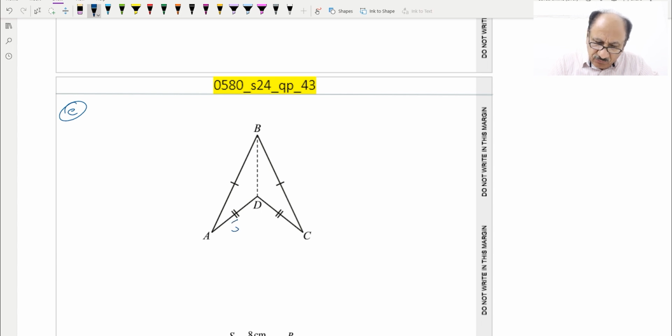So this side is 5 centimeters, and this side is also 5 centimeters. And what else they are giving is AB is equal to BC. This side is equal to this side. This is also given. And what else information they have provided is angle ABD is equal to 25.